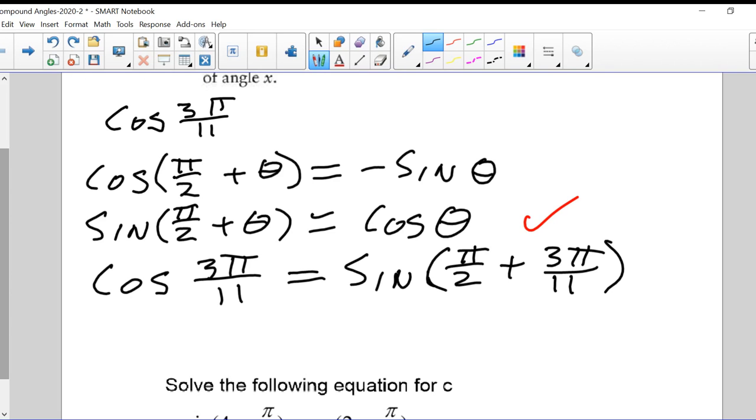So now we have a way that we can represent the cosine of 3 pi over 11. We're saying it's the same thing as the sine of pi over 2 plus 3 pi over 11. So all we need to do is a little bit more math now. I'm going to take a common denominator. Just think good old fashioned arithmetic now.